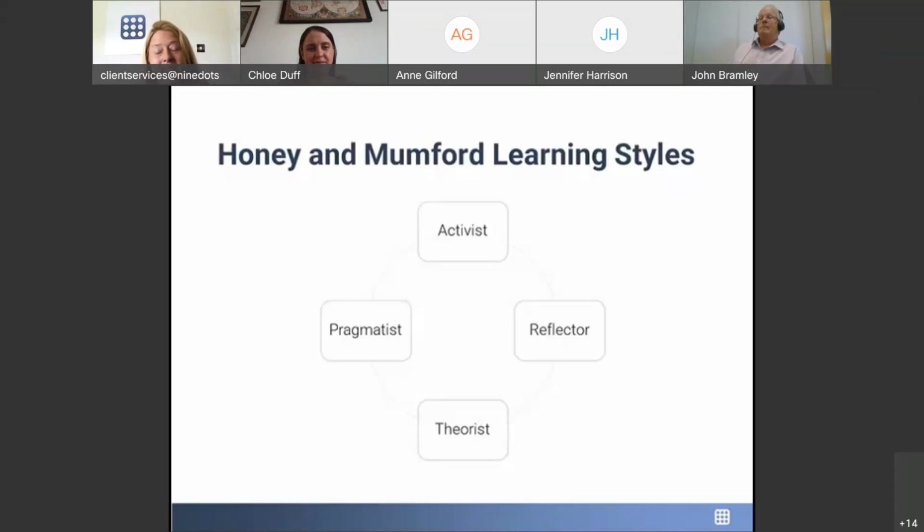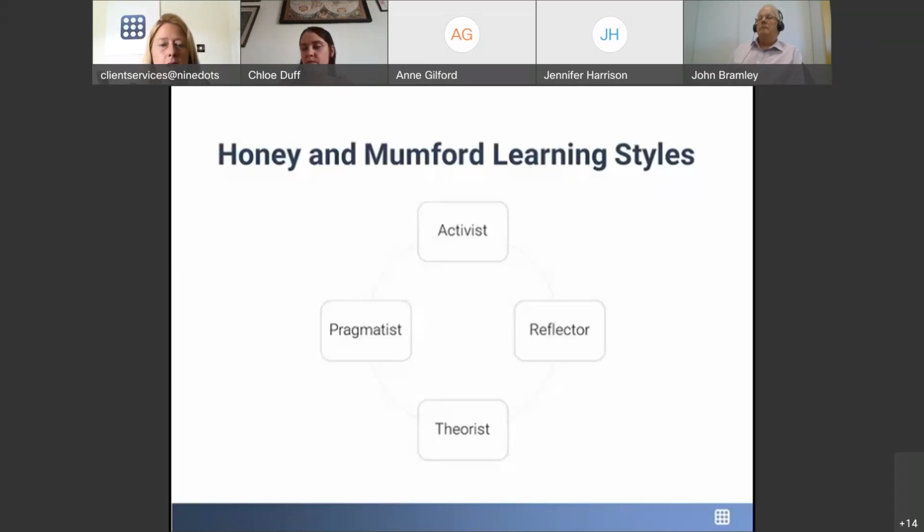The theorist then, again, if I was just talking about training in general, a theorist might be going, well, that's well and good, but what's the theory behind it? So this is why in the handout there's lots of information, because theorists will like to go and learn about it.